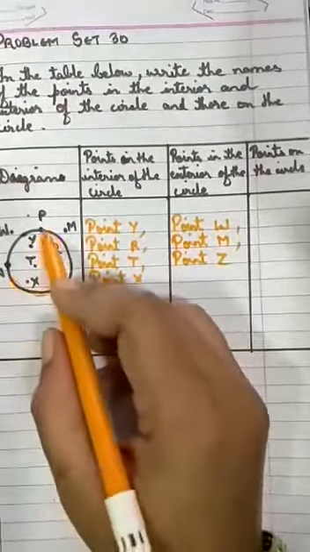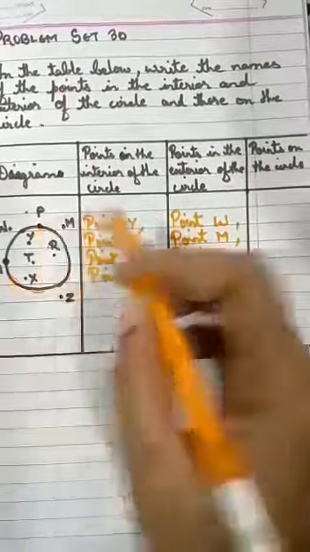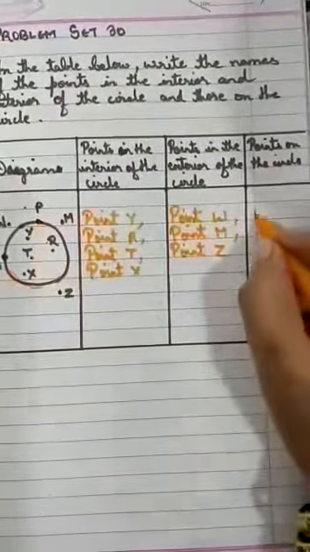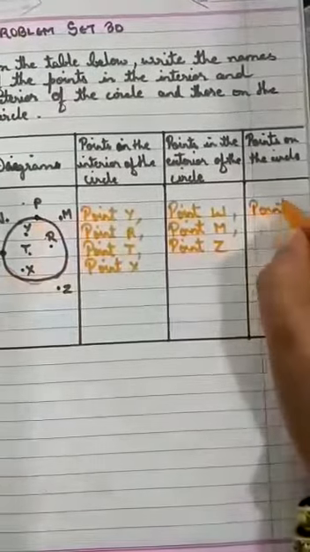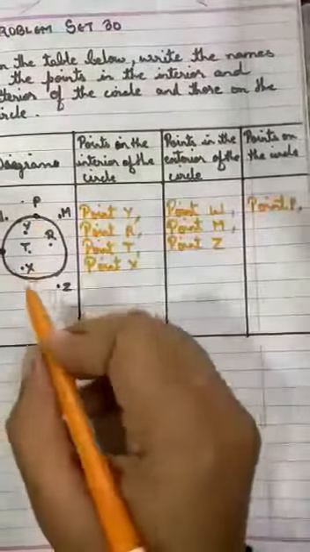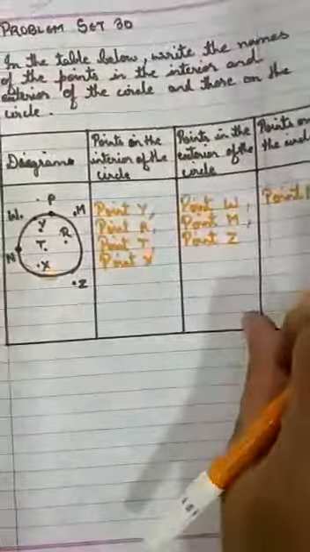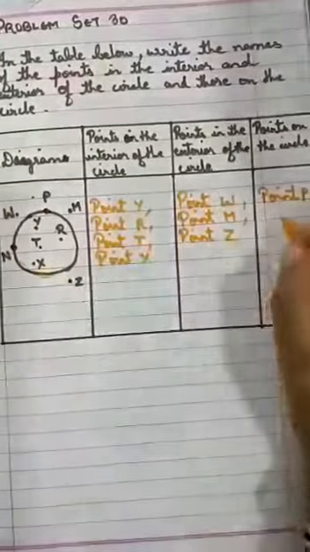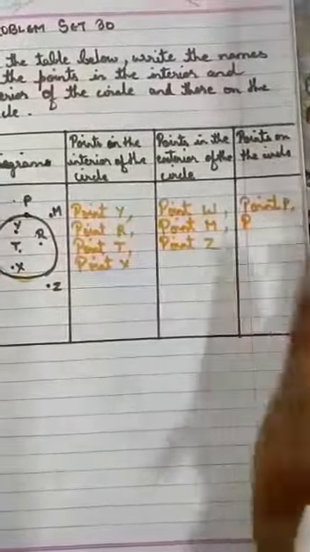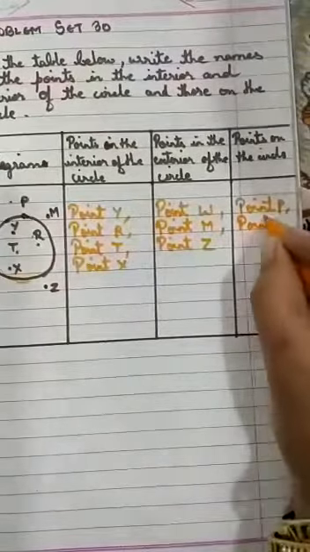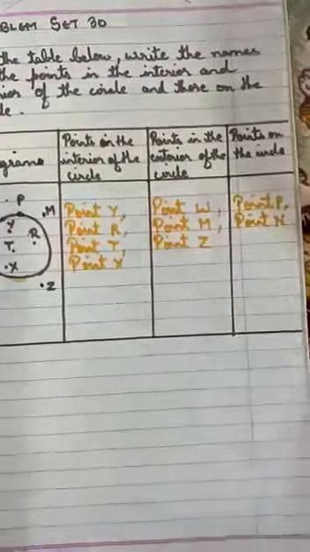So first is point P. See here, the point is on the circle. So we'll write here point P. Next point, which point is this? Point N. So we'll write here point N. Understood? So this is the problem set 30.